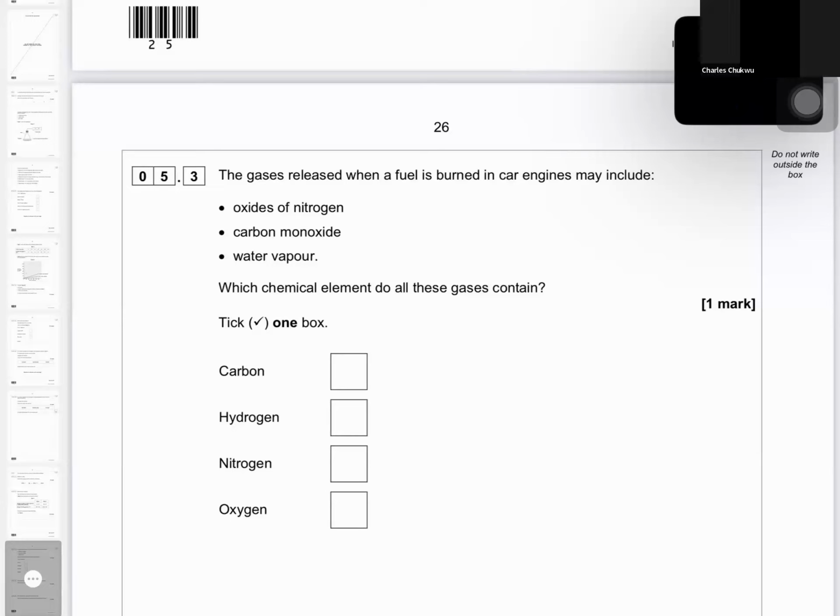Oxygen, correct. Somebody may not see it clearly, but oxides of nitrogen must definitely contain oxygen. That's what makes them an oxide. Carbon monoxide, the oxide in it again makes it an oxide. And even though we don't see oxygen in the name water vapor, we know water is H2O. So it's obviously oxygen that's in all of them. Okay, good one. Let's move on.